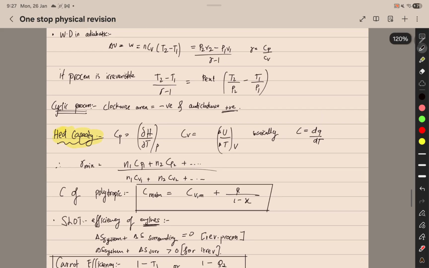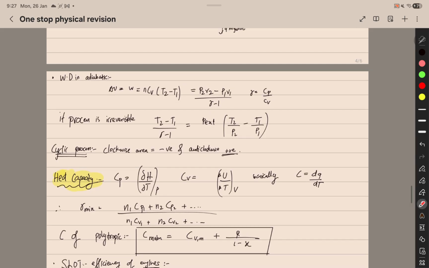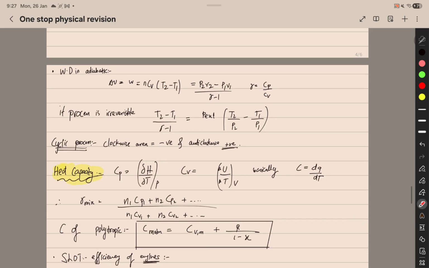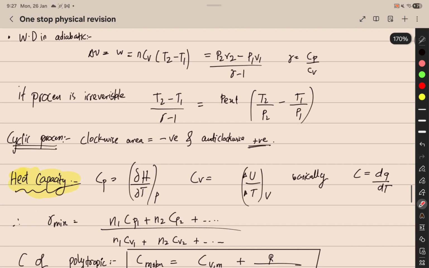Okay, so remaining thermodynamics: work done in an adiabatic process. Work done in an adiabatic process is defined from delta U is equal to W. We know these equations. It is (P2V2 minus P1V1) divided by gamma minus 1, or actually it should be 1 minus gamma, but it doesn't matter.